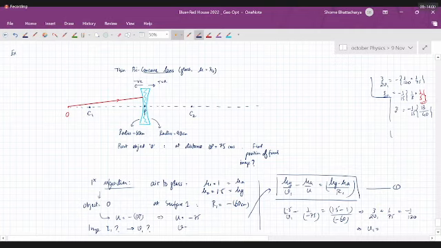So 2 v1 by 3 will become minus of 15 into 40 by 13, which is about 46. So v1 is almost this, a little more than 45.